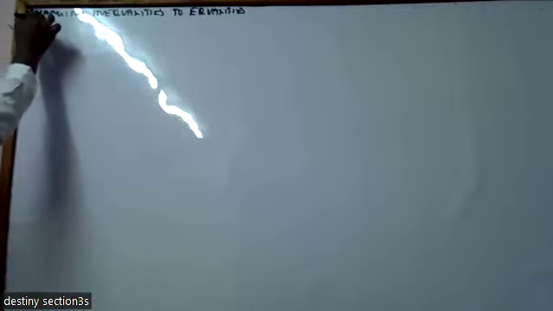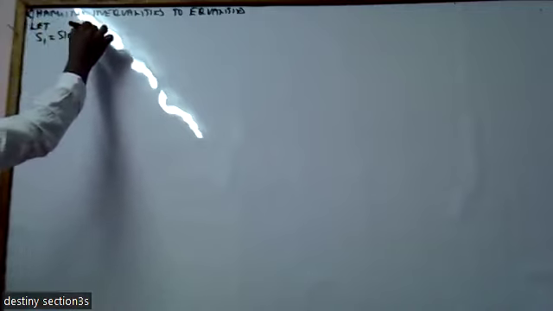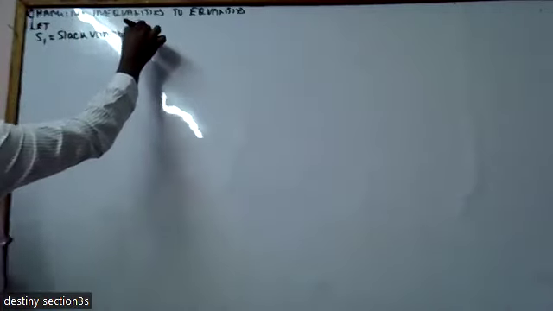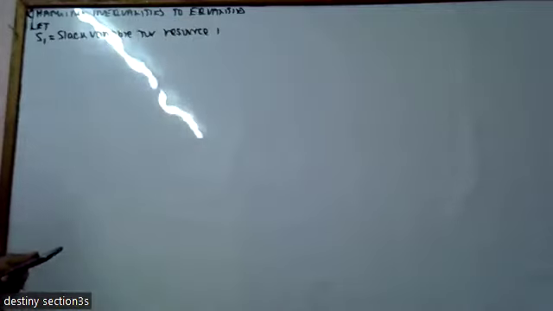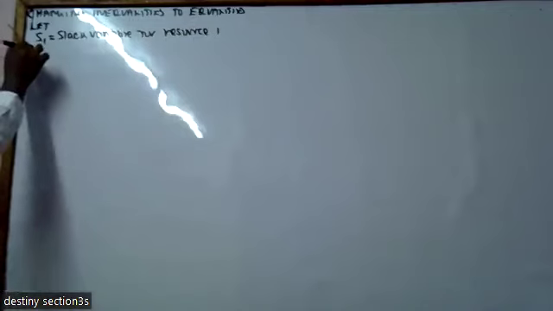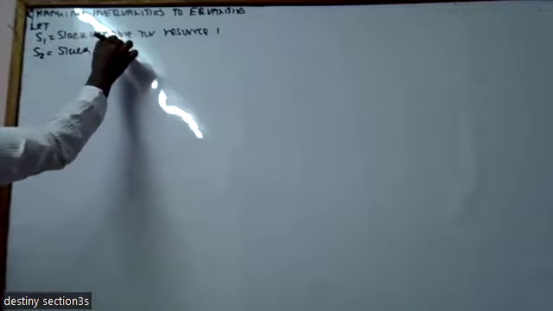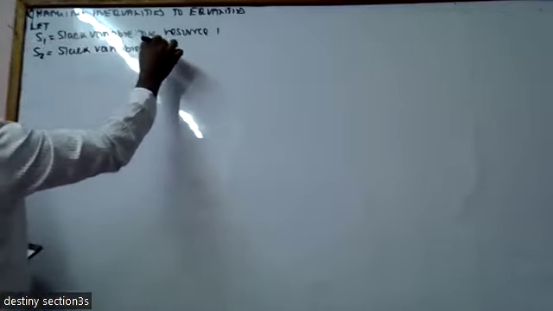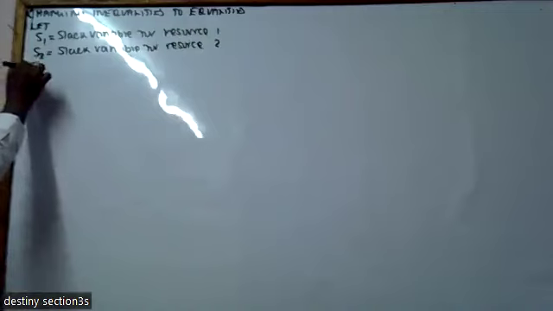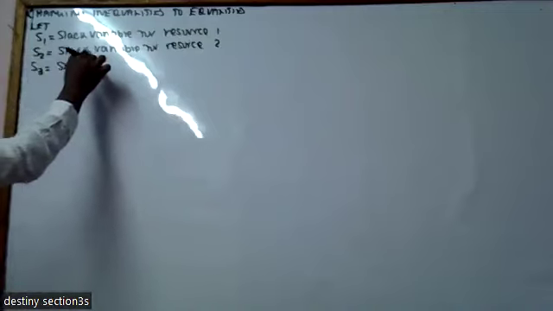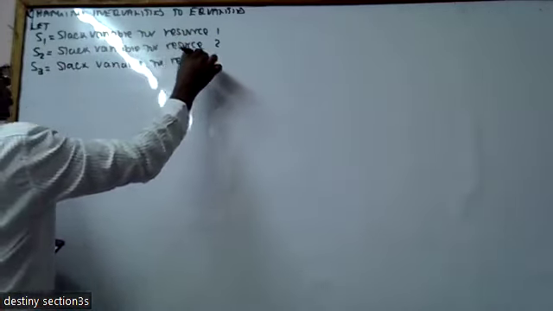So we'll let S1 be the slack variable for resource 1, S2 the slack variable for resource 2, and S3 the slack variable for resource 3.